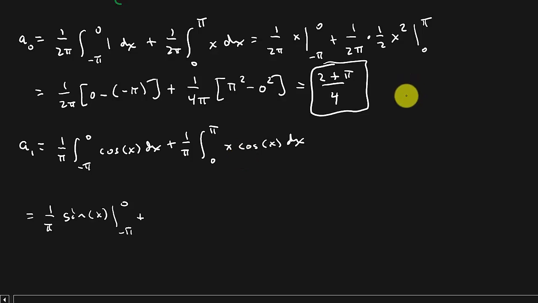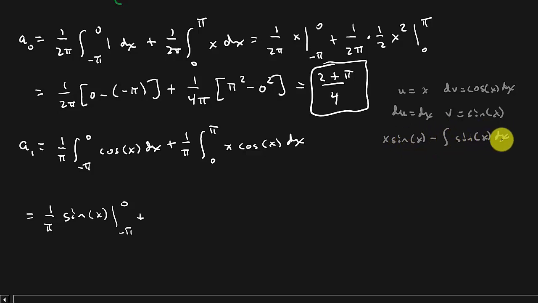So I'm going to let u equal x, dv is cosine x dx. So du is dx and v is sine x. So that's going to give me x times sine x minus the integral sine x dx.